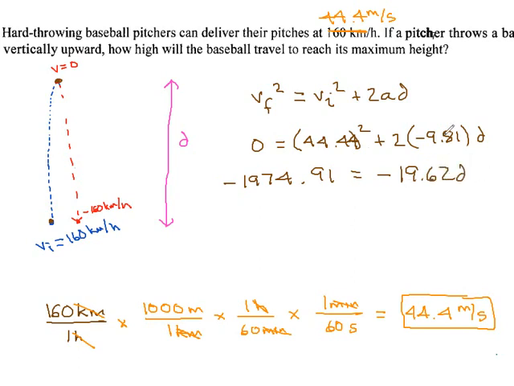And then we divide both sides by 19.62. Negative. And I find that the distance is almost exactly 100 meters. Well, it's 100.7 meters, but really we only have 3 significant digits to work with, so we'd have to say it's exactly 100 meters.